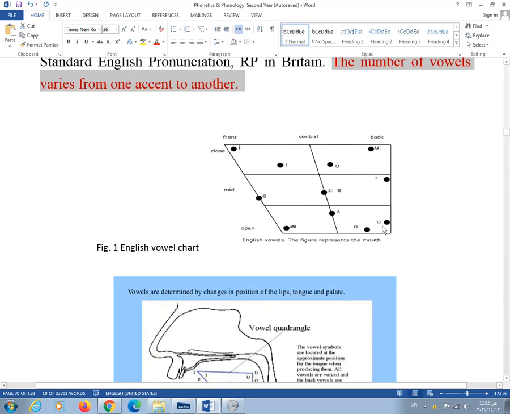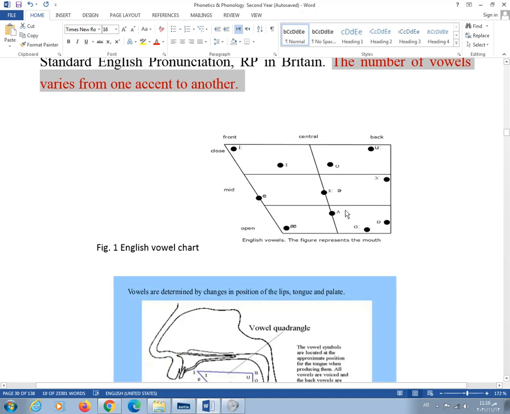Now this figure illustrates the English vowels, short and long, as you see. We have long vowels and we have short vowels, including the schwa in the middle of our mouth. This shape represents our mouth from the inside.